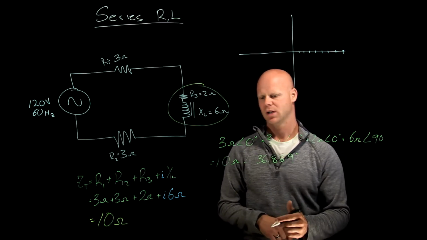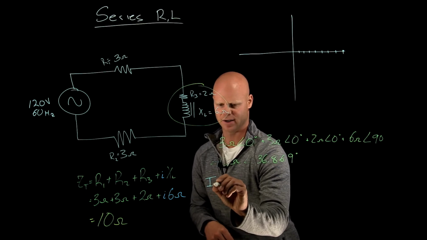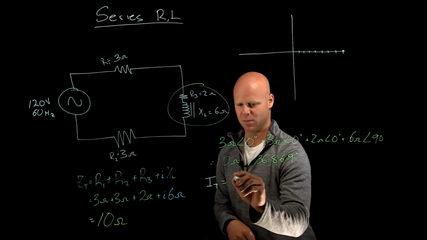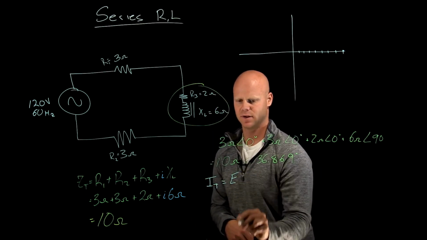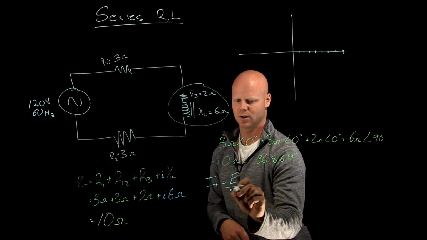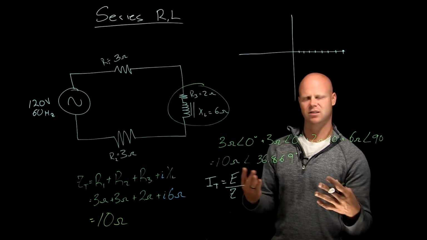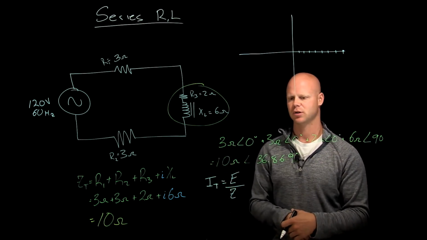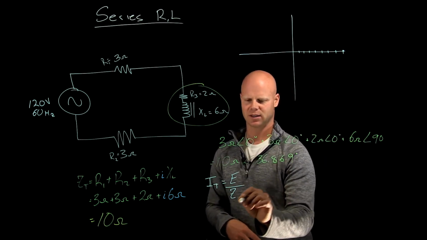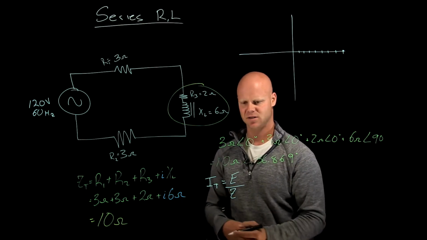Okay? So, if I'm going to calculate the current, I'm going to take my applied EMF and divide it by my circuit impedance. And it's really important: we know in an AC circuit, angles are very, very important. So when I am calculating this, don't forget that angles are important.